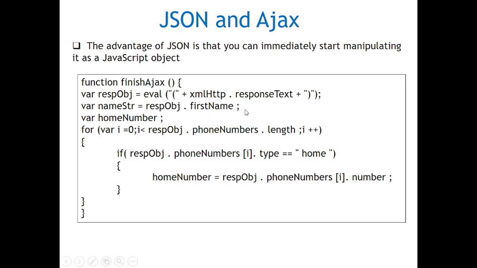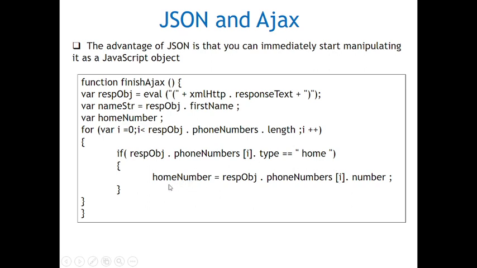Now see, this is the advantage of JSON, that you can immediately start manipulating. You don't need to wait for the status here. See, phone numbers: first name you are storing in this variable, phone number you are storing, and displaying here. What is your office number?